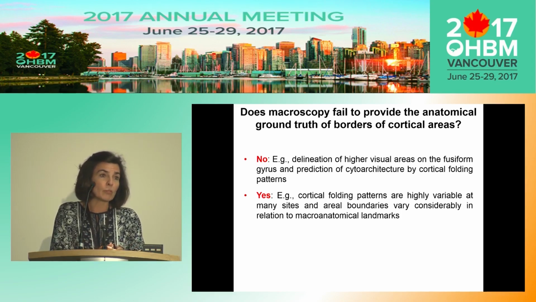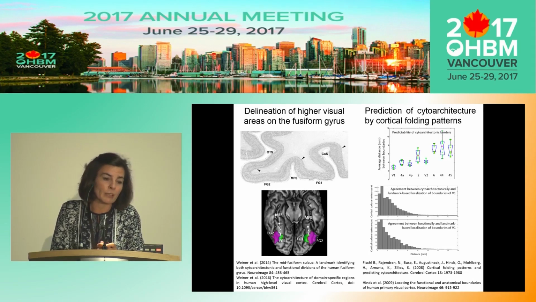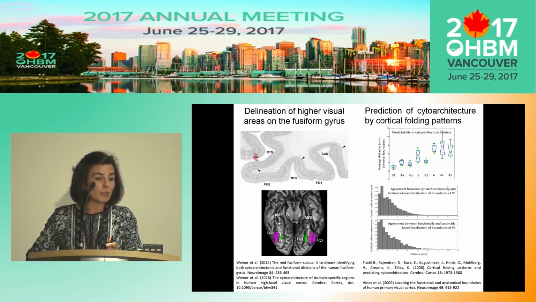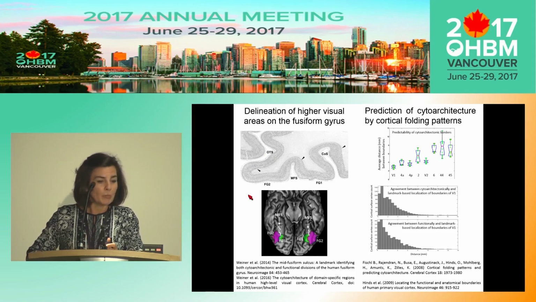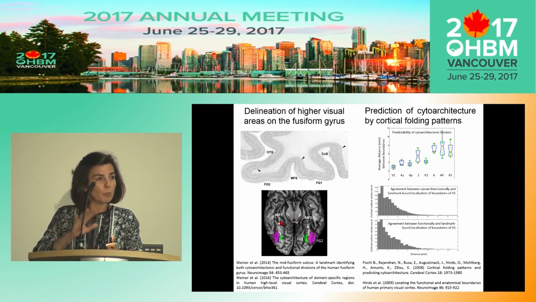Now, examples of macroanatomical landmarks that provide a good hint as to the position of microanatomical borders are provided in this slide here. On the left side of the image, you've got the mid-fusiform gyrus, which is highlighted by the white lines on this reconstruction of a human brain, a view on the bottom part of the occipital lobe.